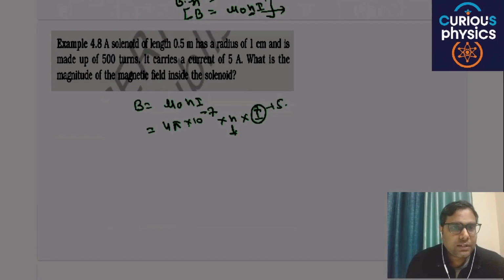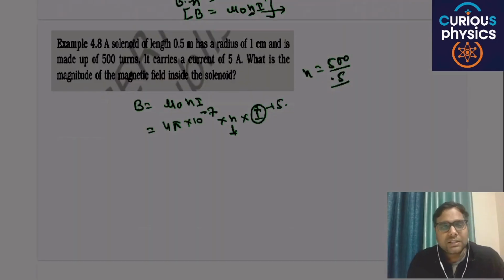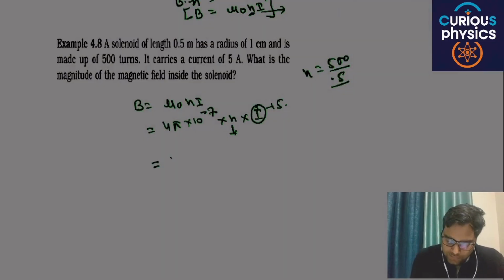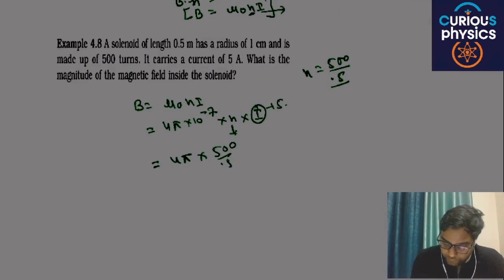Are you able to understand my point or not? So here the 500 turns is the total number of turns, and the length is 0.5. Then n is the total number of turns per unit length. This is the way to find the value of small n. So the answer will be 4 pi into 10 raised to power minus 7 into n, where the value of n is 500 by 0.5, into 5.